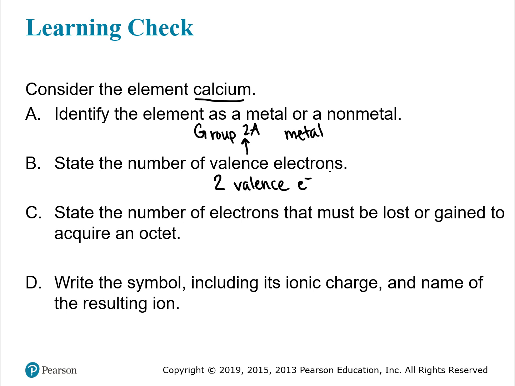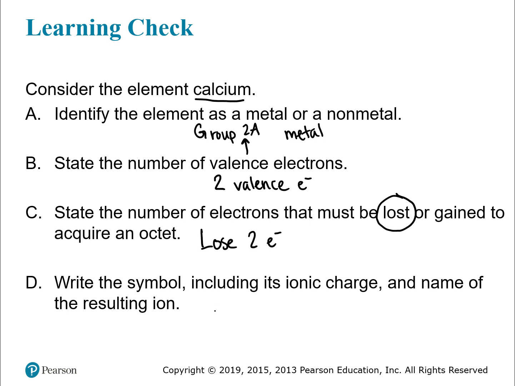The number of electrons that must be lost or gained to acquire an octet. We're dealing with the metal here. So that means we're going to be losing electrons. And we have to lose 2 electrons to achieve that noble gas configuration. Now we've got to write the symbol, including the charge, and the name of the ion.